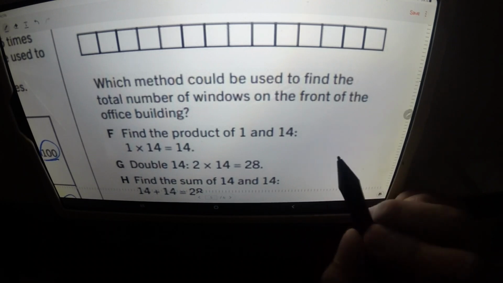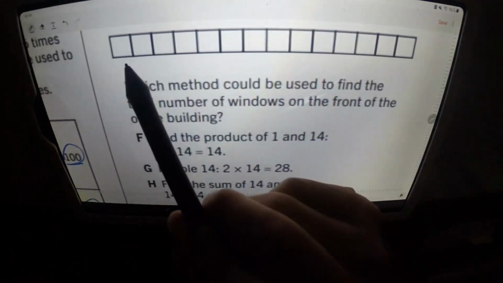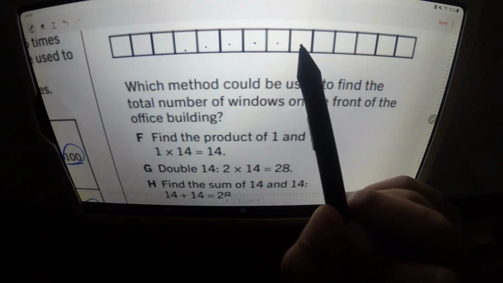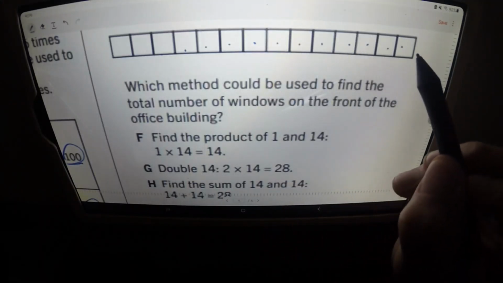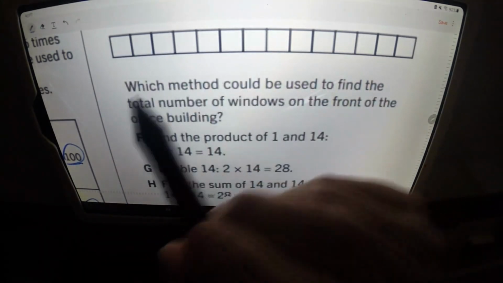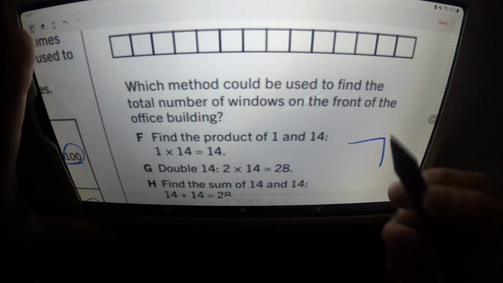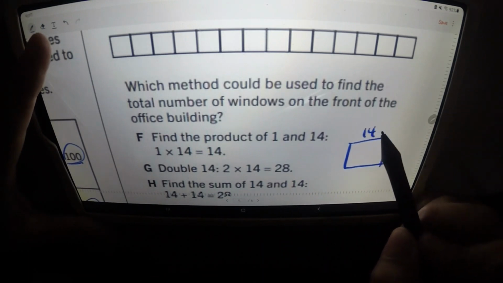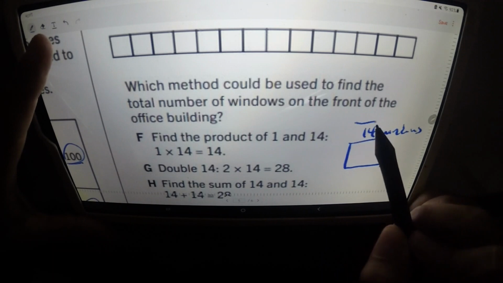So now with that in mind, we're going to count the squares. 1, 2, 3, 4, 5, 6, 7, 8, 9, 10, 11, 12, 13, 14. This is the top row of the windows. So again, we'll draw this out. They're saying this is a perfect square. That's 14 windows this way, right?